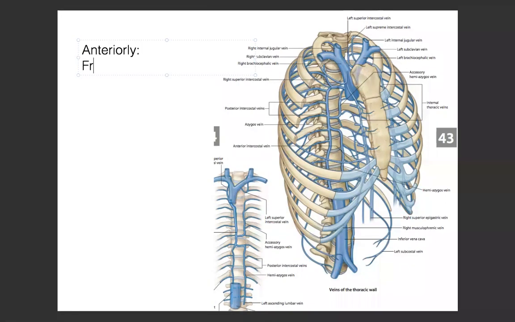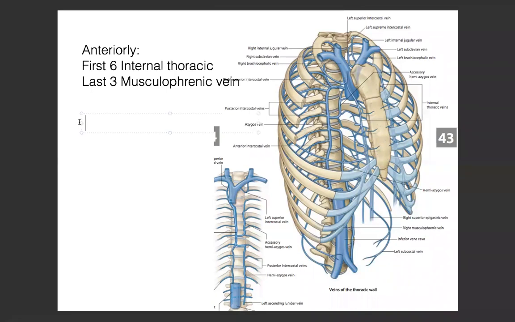The first 6 drain into the internal thoracic vein and the last 3 into the musculophrenic vein. The musculophrenic vein goes up and joins with the superior epigastric to form the internal thoracic vein, and the first 6 intercostal spaces drain into the internal thoracic vein. So it's the exact same as the anterior arteries.